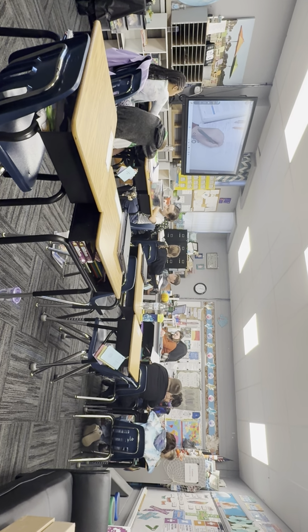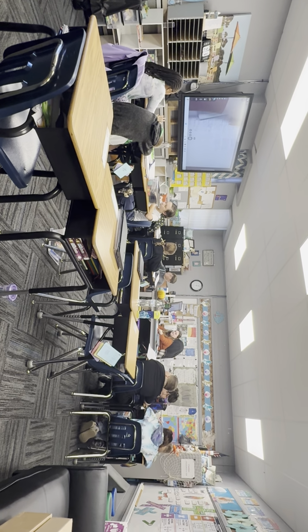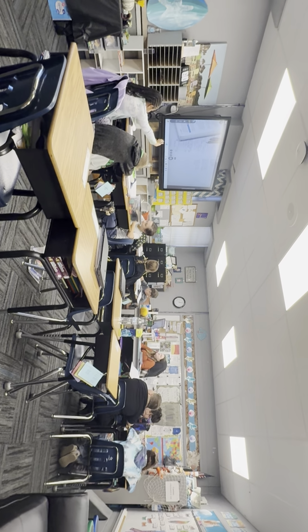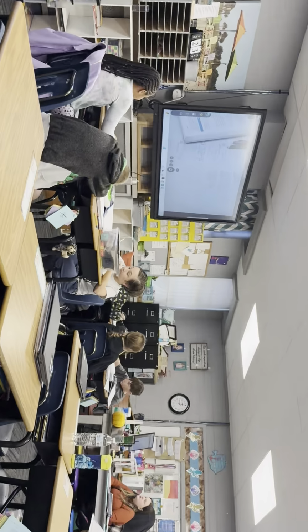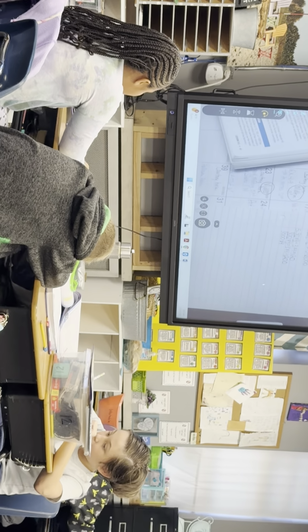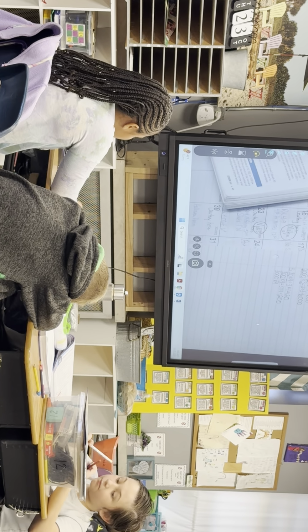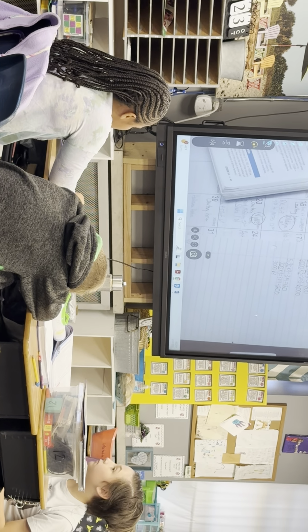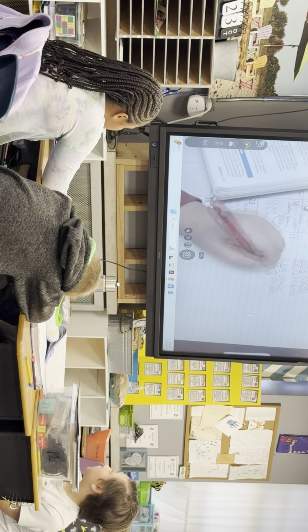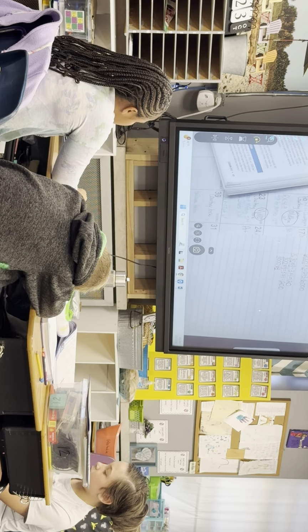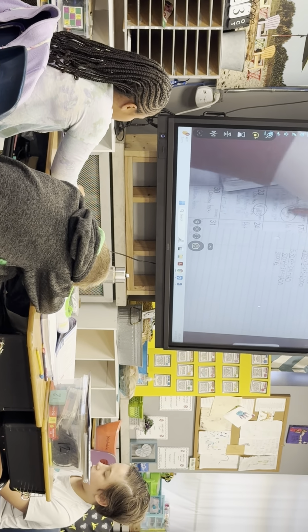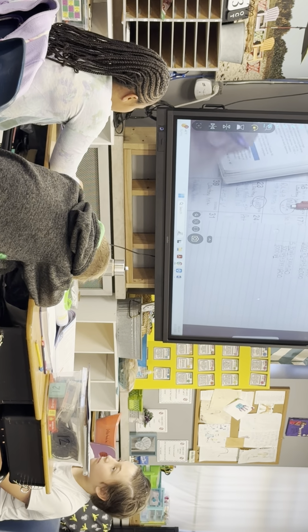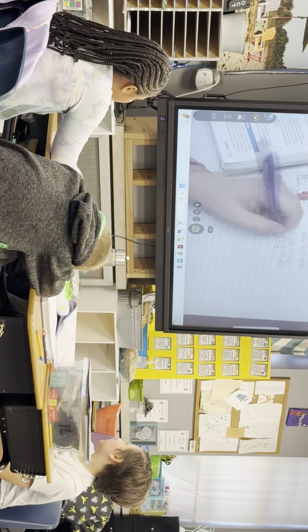3000 times 4. Somebody else, walk me through this one. Avery. So, you grab your red, and you underline the non-zero digits, which are 3 and 4. And then you grab your purple, and you underline the zeros.